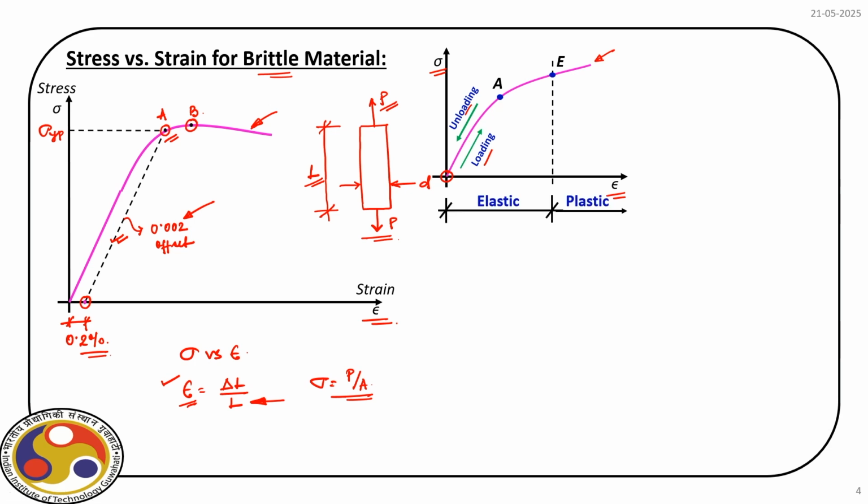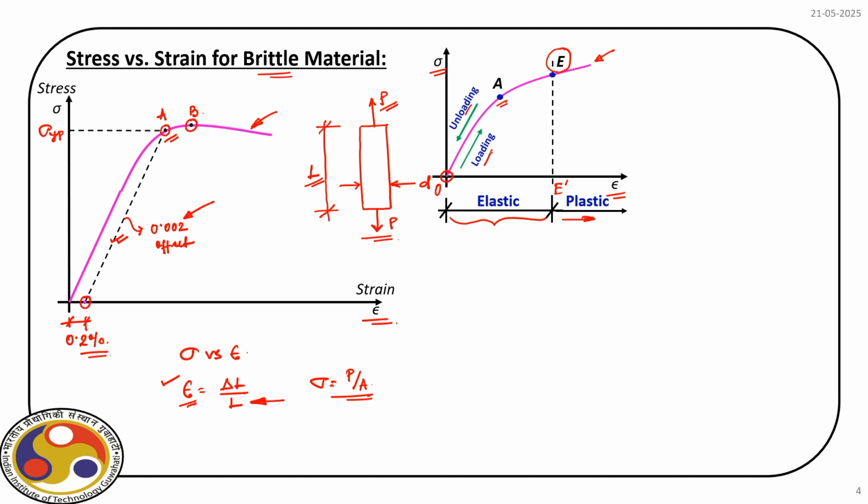Obviously, if we go beyond this point A and keep on loading, then we ultimately reach a point E, and the region O E prime is the region where we have elastic behavior, and beyond this point we have plastic behavior. So, this is another pattern of stress-strain behavior that we notice.